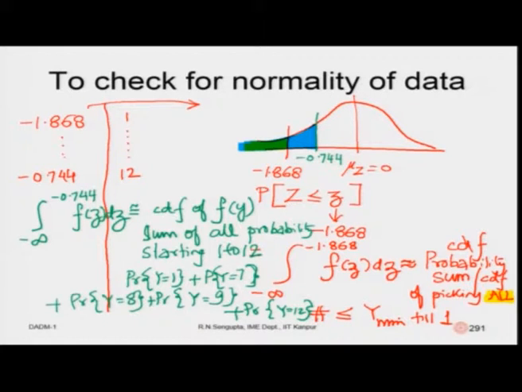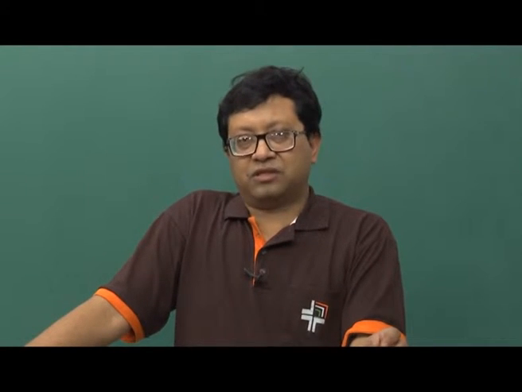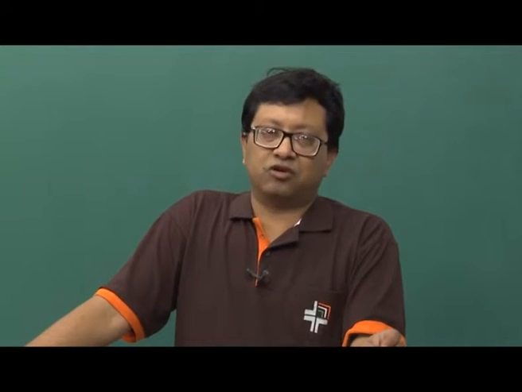You find the CDF F of y, whether discrete or continuous, then map it with the standard normal deviate: what is the area, the value of z from the standard normal deviate and the corresponding value of y for which the CDF value equals the standard normal CDF, we say they are equivalent, and then plot it accordingly.